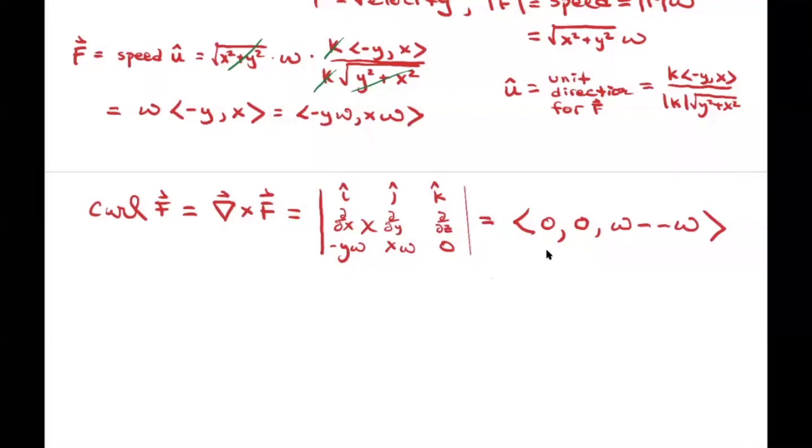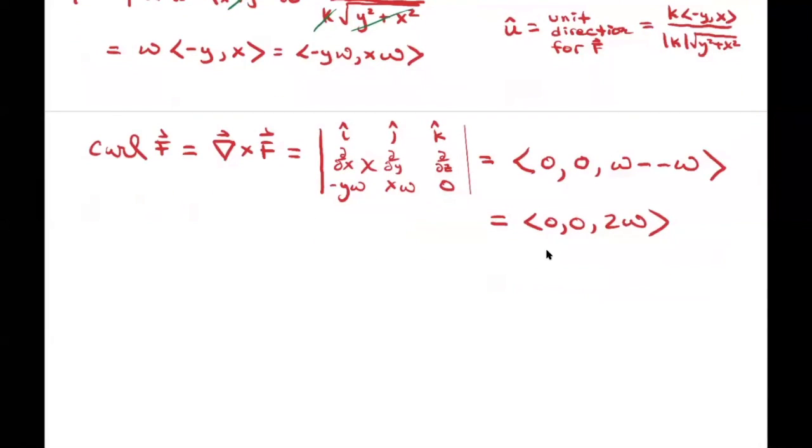So of course this is 0, 0, 2 omega. So again, this is an axis of rotation, parallel to k. I may as well just say that this is 2 omega times k, which is our axis of rotation.